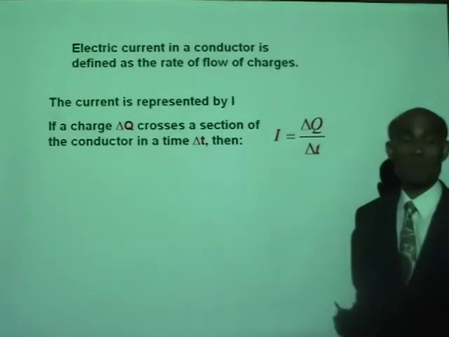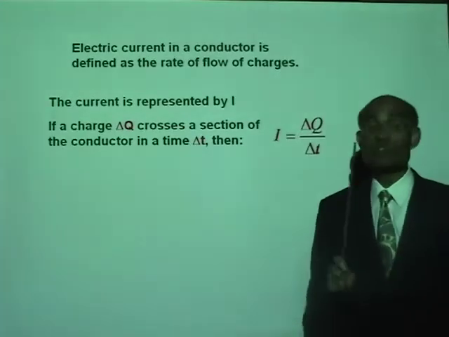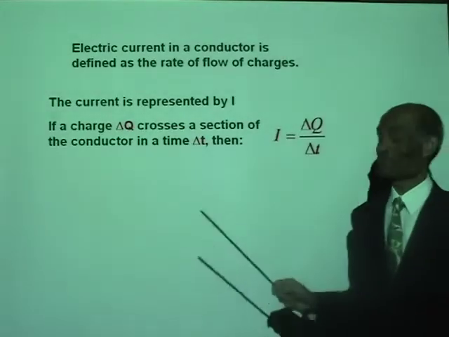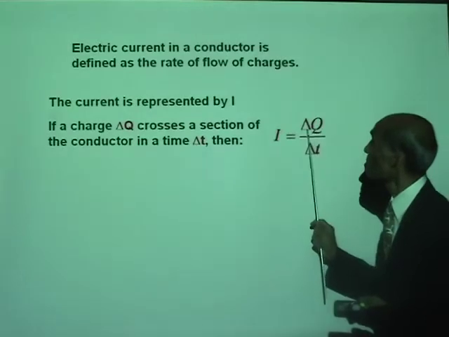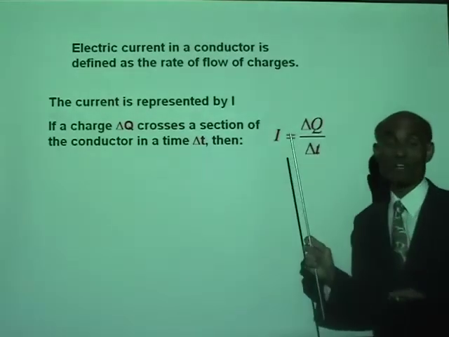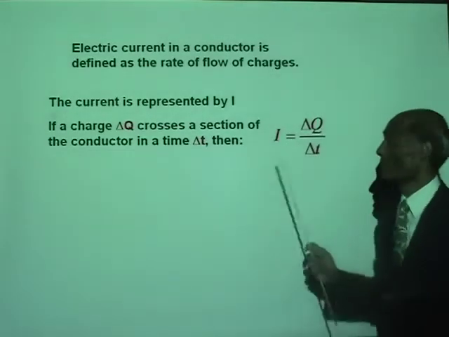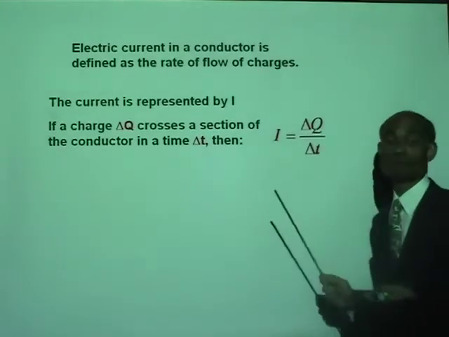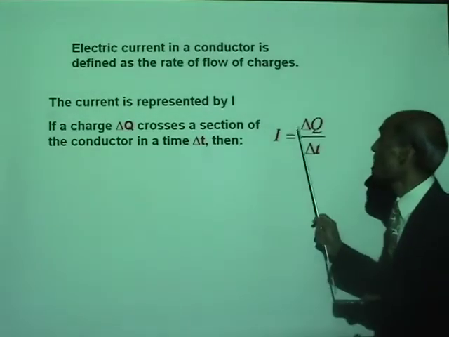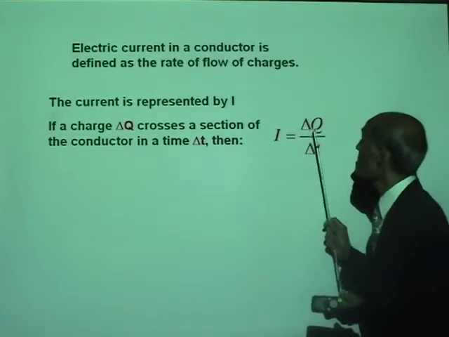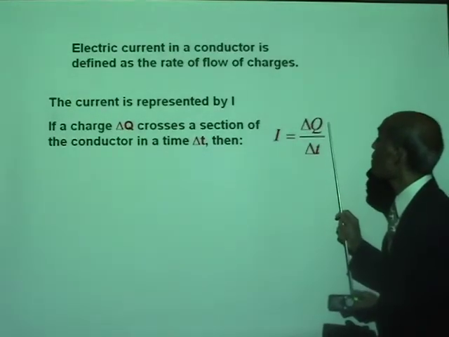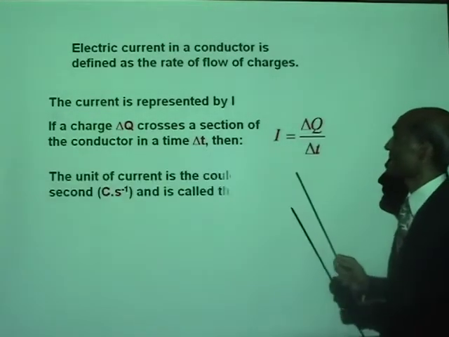Now, who can tell me the unit of measuring current? Now, what is the unit for measuring electric charge? It's a coulomb. What's the unit for measuring time? It's a second. Therefore, current will be measured in a unit called coulombs per second.